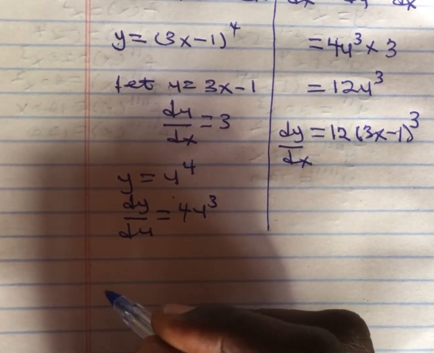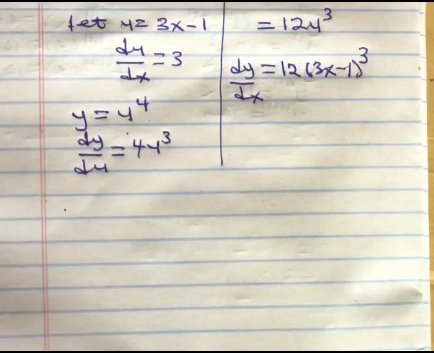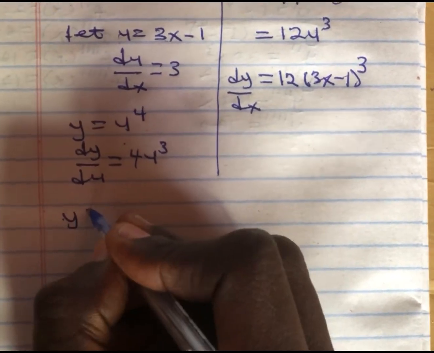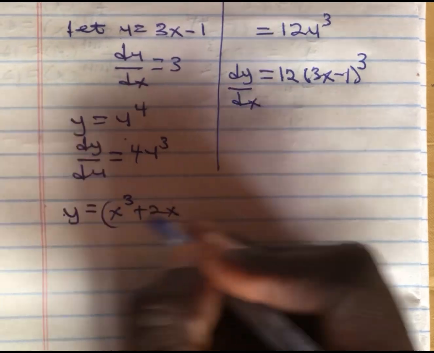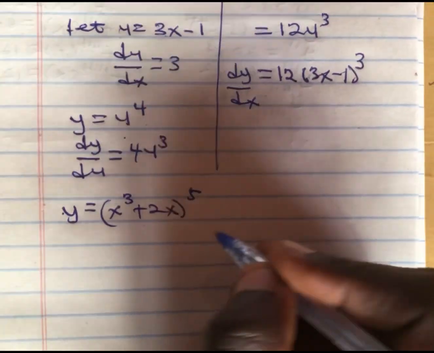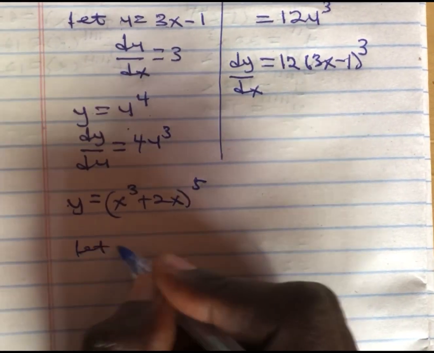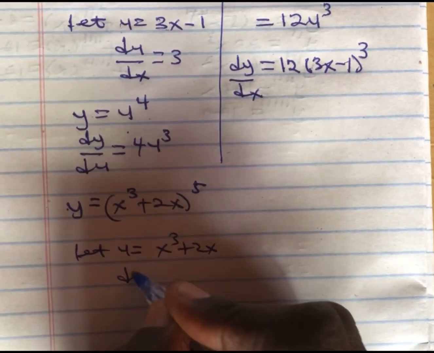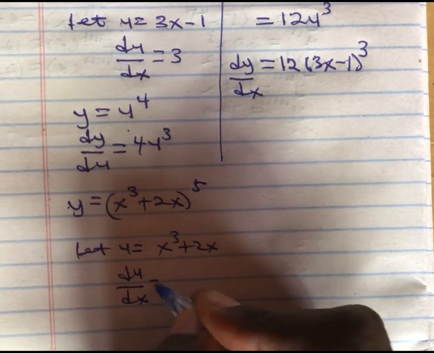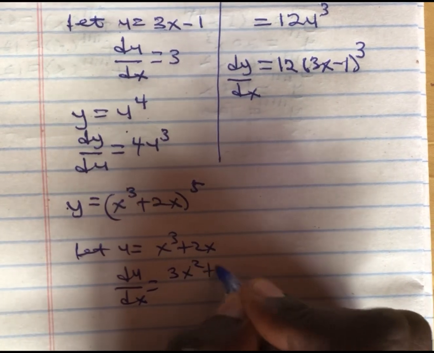So if we take another question, that is y equals (x cubed plus 2x) exponent 5. Over here, we say let u equal x cubed plus 2x, and then we find du/dx. That's going to give 3x squared plus 2.